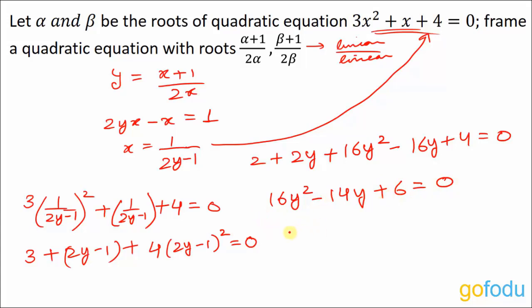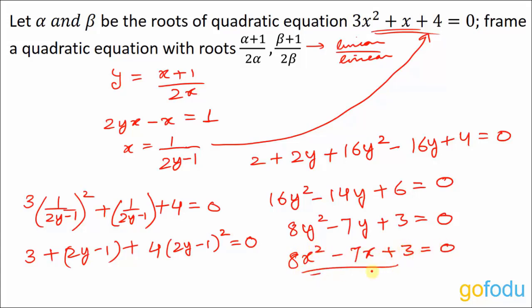Taking out 2 common, this will be 8y square minus 7y plus 3 is equal to 0. And if I want an equation in x, I will replace y by x and my equation will be this. Okay, this is the quadratic equation with roots alpha plus 1 upon 2 alpha and beta plus 1 upon 2 beta.